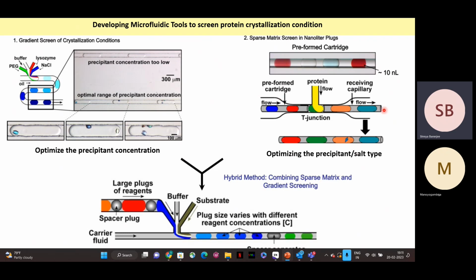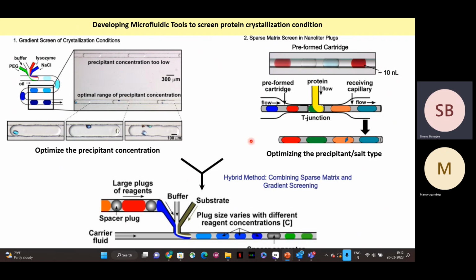So in this example, this orange precipitant or salt seems to be the best because the crystal is forming here. So using this preformed cartridge, you can test the conditions of many different kinds of precipitants or salts and find out which is the best for crystallization in a single microfluidic experiment.